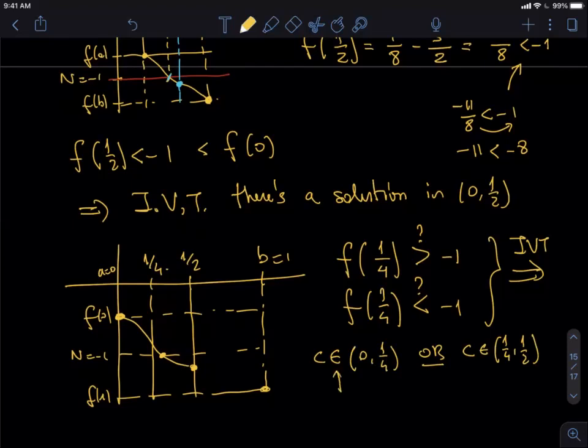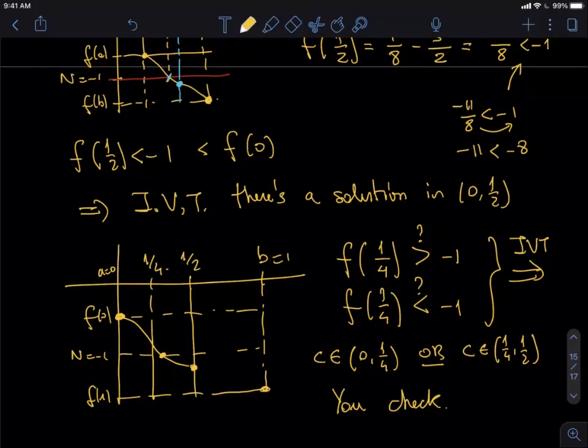This symbol here that is like a curved E means belongs. c belongs to 0, 1/4 or c belongs to 1/4, 1/2. One of the two. So I leave that for you to check, which is which.